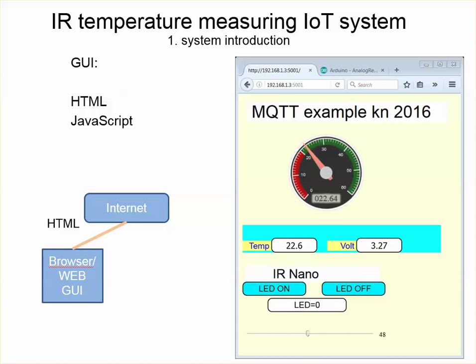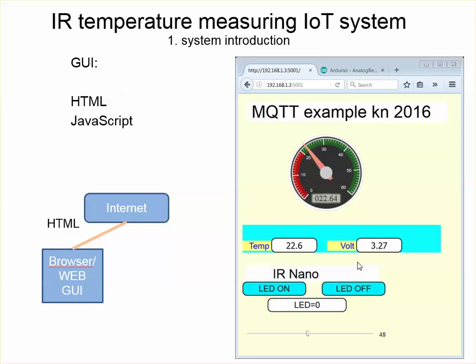Now, if we go into more detail on this block diagram, if we first look at our user interface, it looks like this. There's one meter which is measuring the temperature. Also the same temperature number is here in numbers, and here is the voltage that we are measuring.